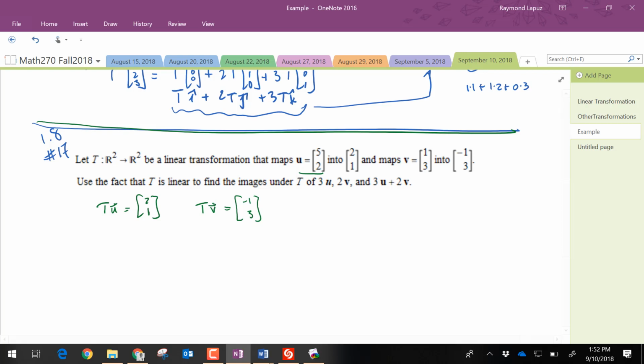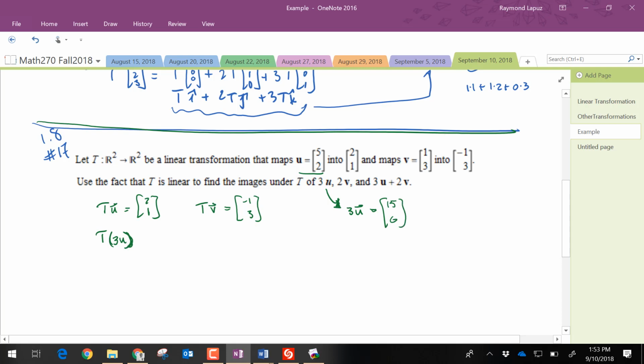So to answer this, you want to know what T of 3u is equal to. I guess it would be interesting to figure out what u is, or 3u, but it's not necessary to this problem. But let's figure it out anyways. What is 3u equal to? (15, 6).